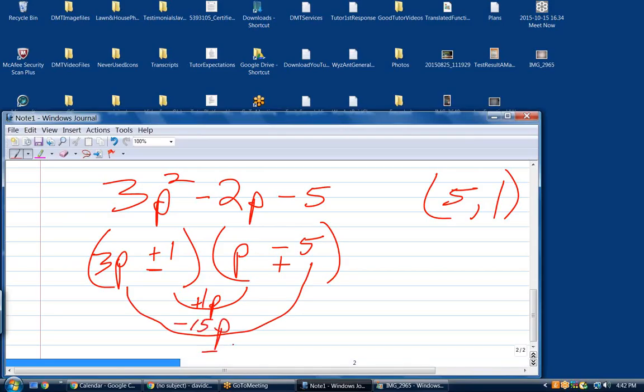That adds to minus 14p. That's not the right number or the right sign. So there's no need to try the 1 down next to the negative sign and the 5 next to the positive sign, all that's going to give me is a plus 14p.